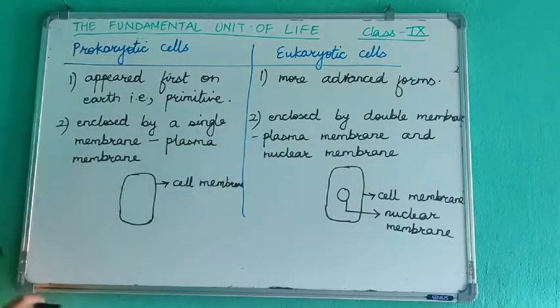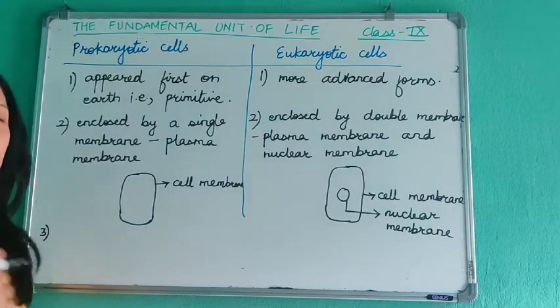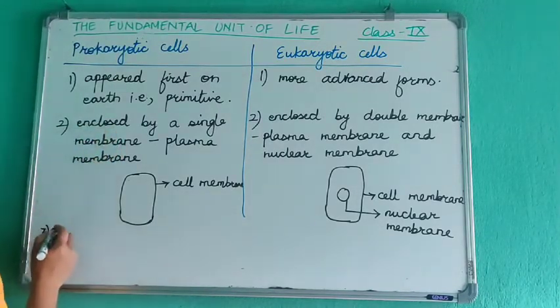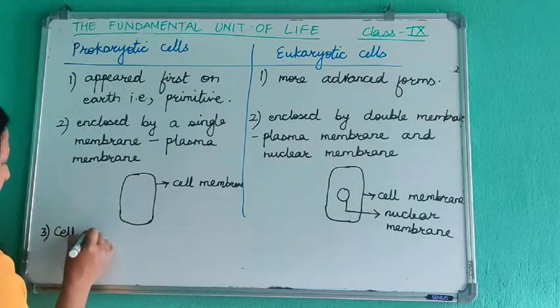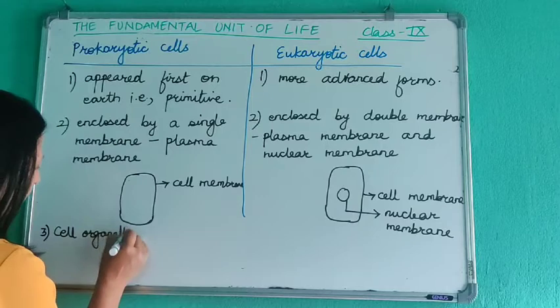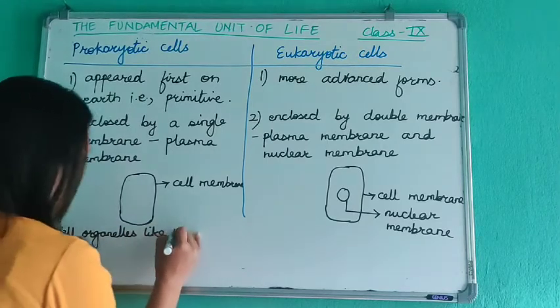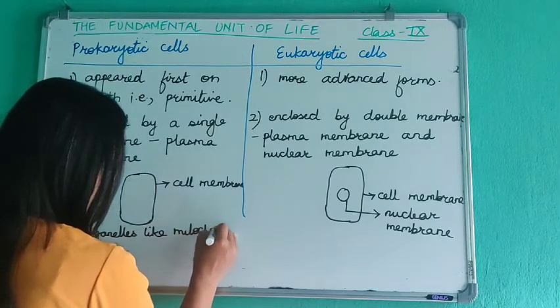This is the very important difference between prokaryotic cells and eukaryotic cells. Okay, now the third difference is that prokaryotic cells lack certain cell organelles like mitochondria.